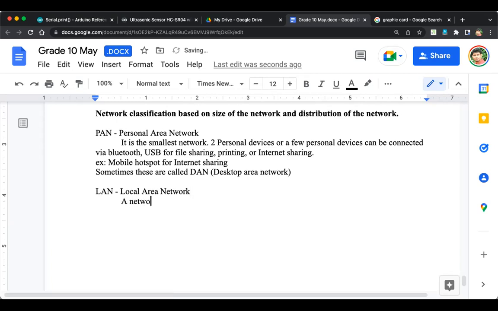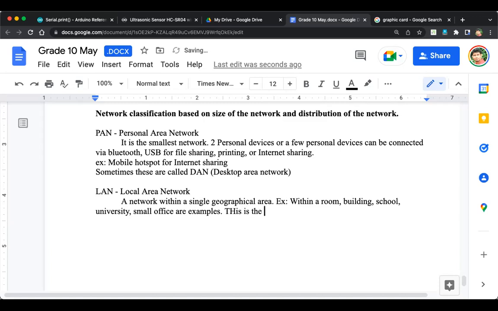Example, you can say within a room, building, school, university, small office are examples. This is the most common formal type of network.